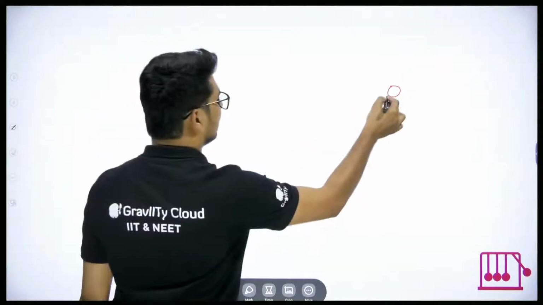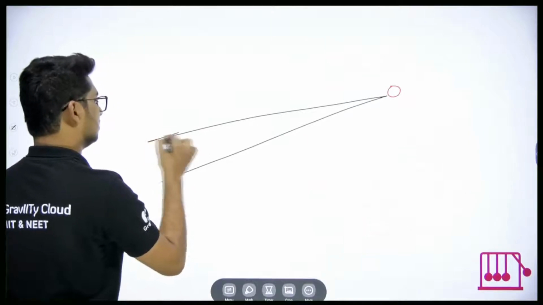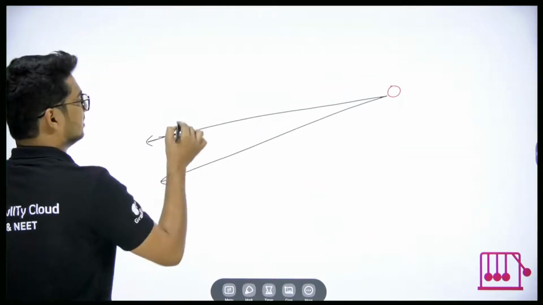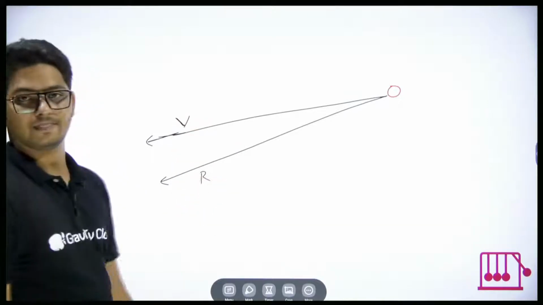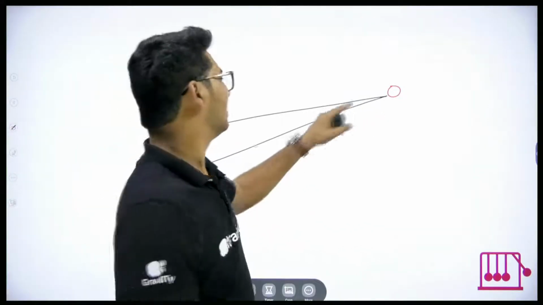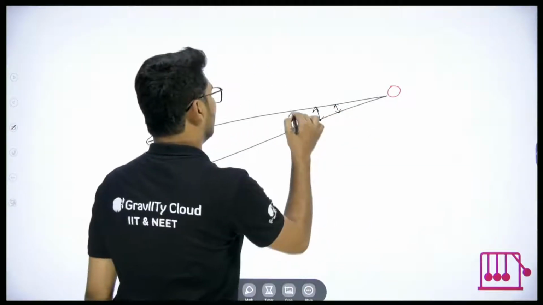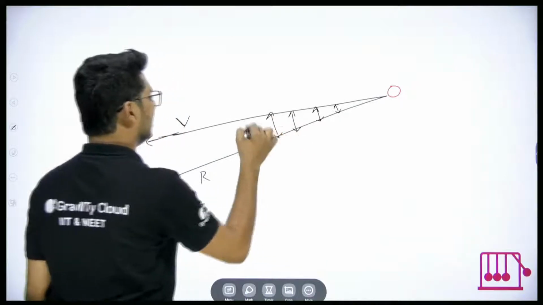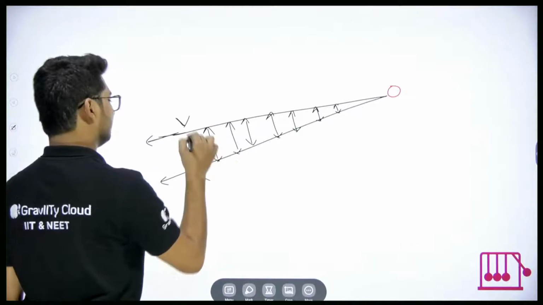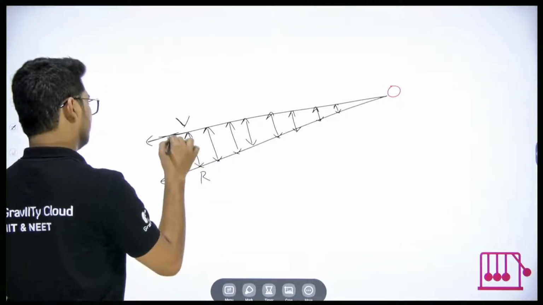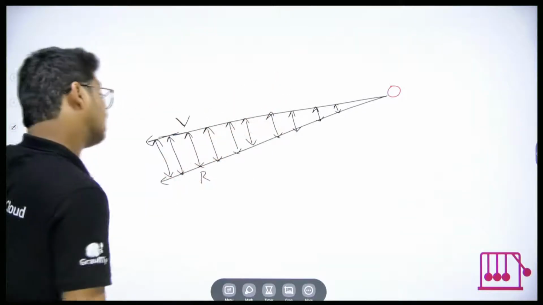So when you look at the color of light that comes, see here. Let's say this is violet, this is red. Near the raindrop, the distance between them is small. But as you can see, as the rays travel, the distance between them keeps on increasing, yes or no?